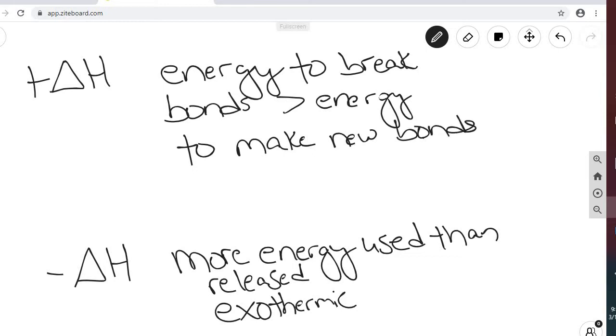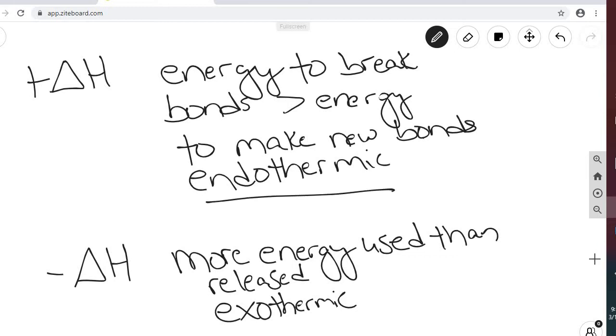So this would be an endothermic reaction. So we've said that previously, that a positive delta H is an endothermic reaction and negative delta H is an exothermic reaction.